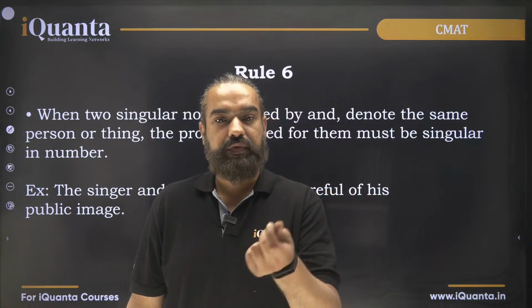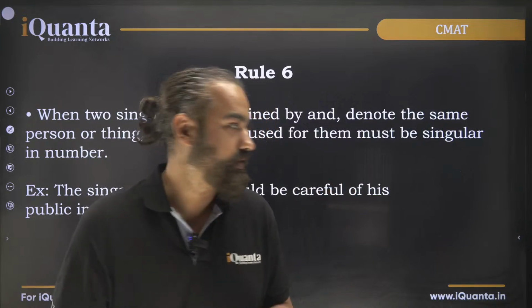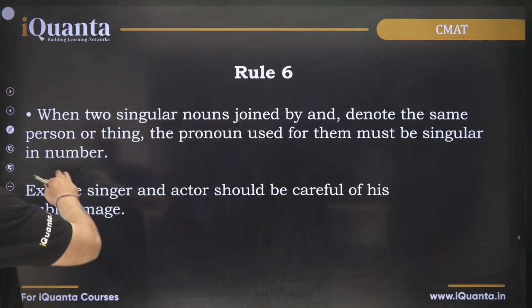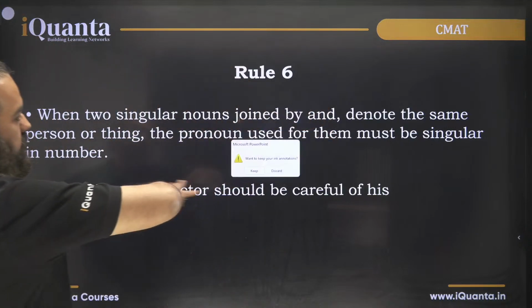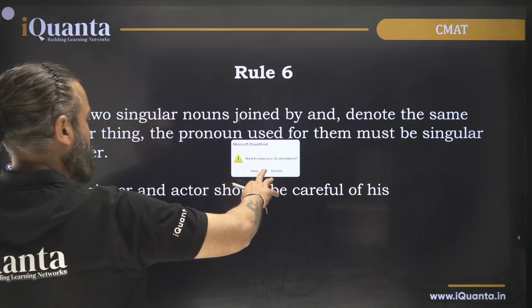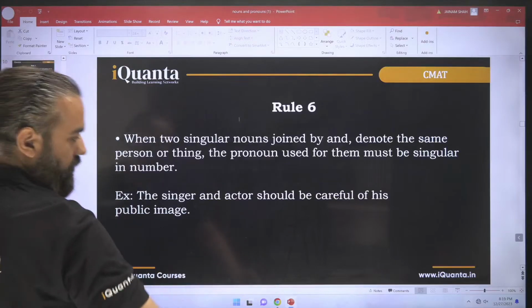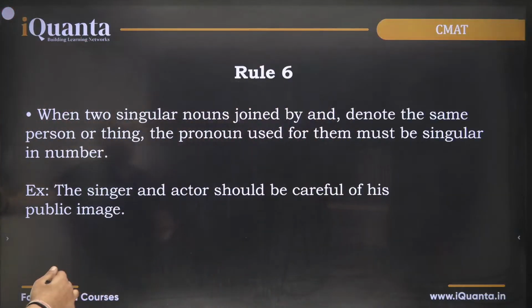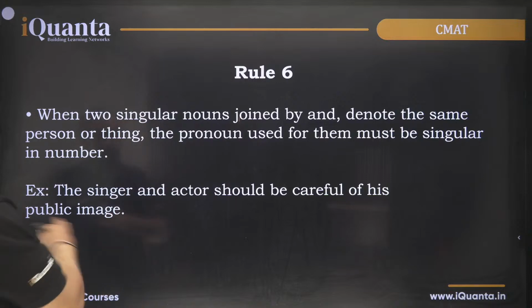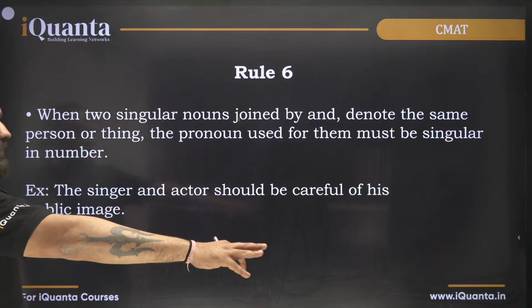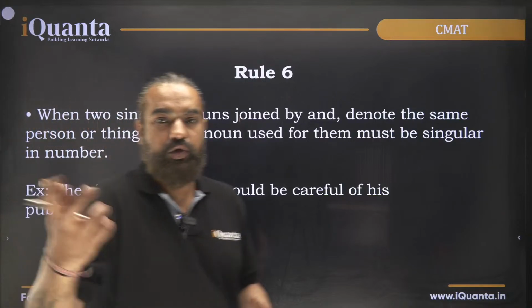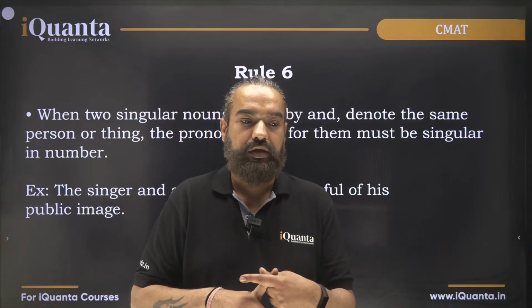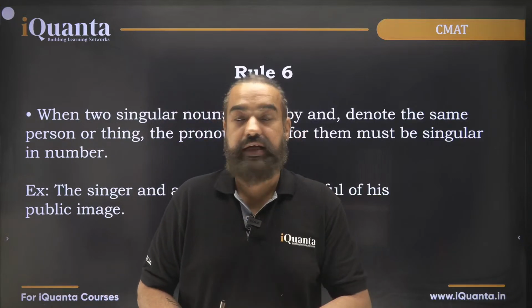So this is what an article does to the sentence. If you see, when two singular nouns joined by and denote the same person or thing, the pronoun used for them must be singular in number. Now, when I take a look at the sentence, the singer and actor should be careful of his public image. Some might say there are two people, a singer and an actor. No, but this is where the catch lies.